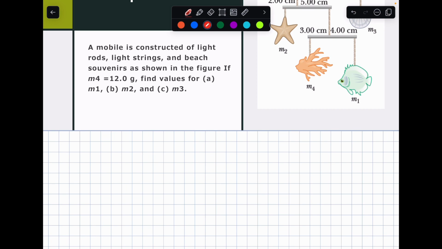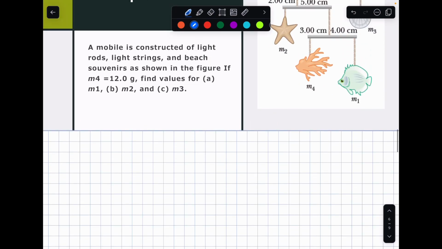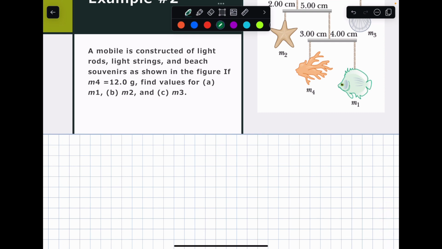So let's say we start with the first FBD. We have 1, 2, 3, and 4. Then we are given mass 4, which is 12 grams, and this is our origin where the string is attached.